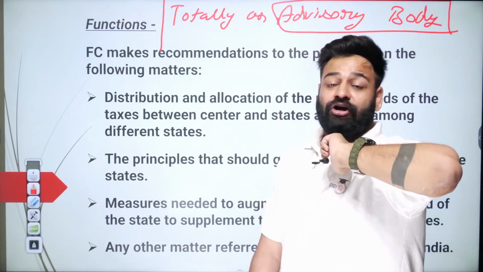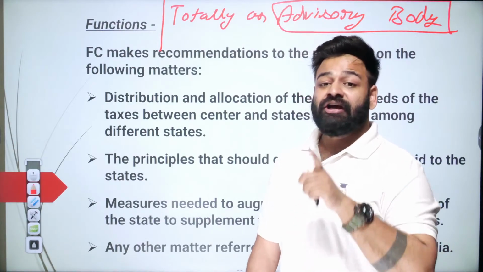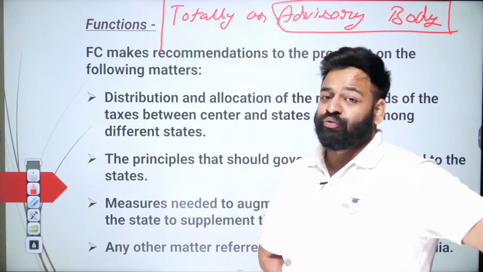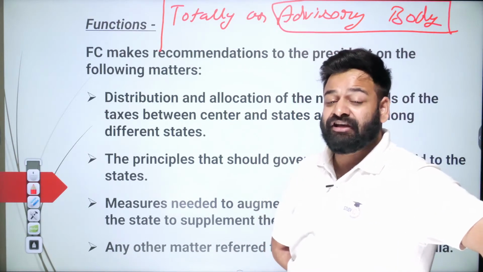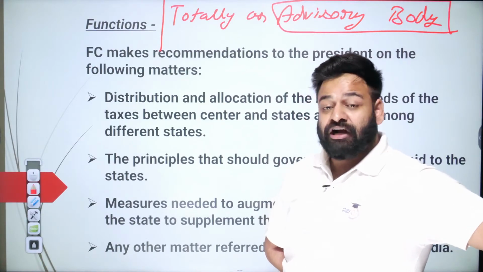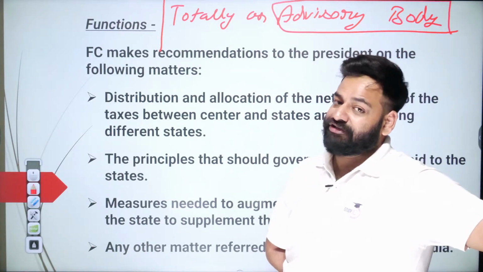Okay, all the recommendations given by the commission, they are absolutely having advisory tool. They are only having the advisory nature. Okay, the government may or may not accept the recommendations of the Finance Commission.